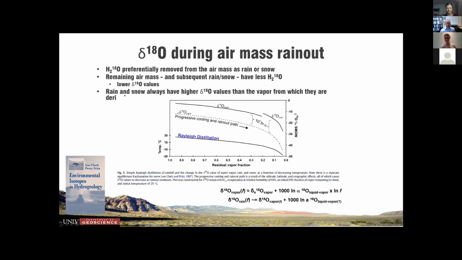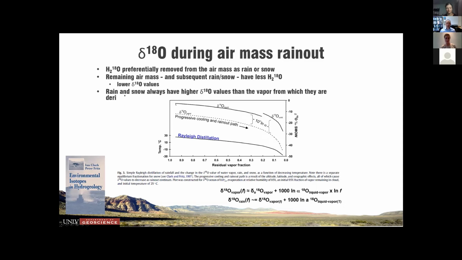So what this means, if we look at this dotted line, this is the delta 18O value of the vapor on the right-hand scale here. Maybe you start off at around minus 15 per mil delta 18O. As that air mass cools, the vapor is going to get more negative as it goes, at lighter and lighter values, because you're preferentially removing the 18O.